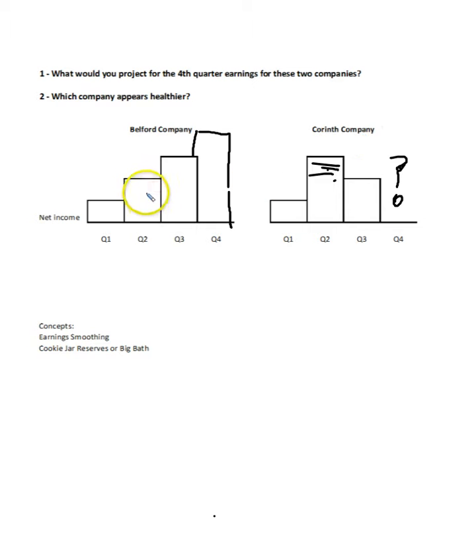So they, in essence, shrunk the second quarter and moved some of those earnings over to the third in order to have the appearance of steady growth. That's income smoothing. Again, that's where you're moving revenues or expenses from one period to another in order to have the appearance of steady growth, to have smooth earnings.